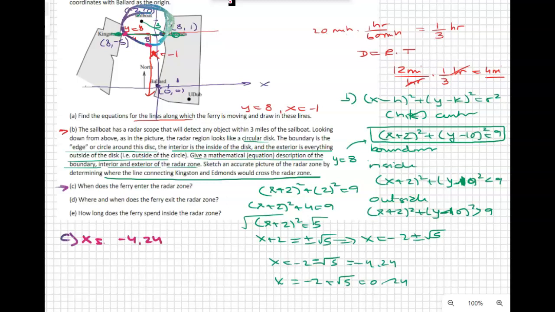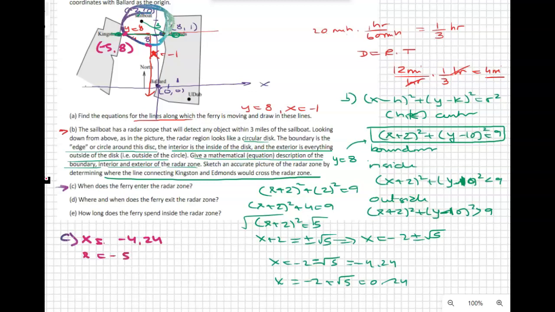Actually, I think I messed this up. This was negative 5 and 8. I switched my x and my y values. Yeah, that's better.